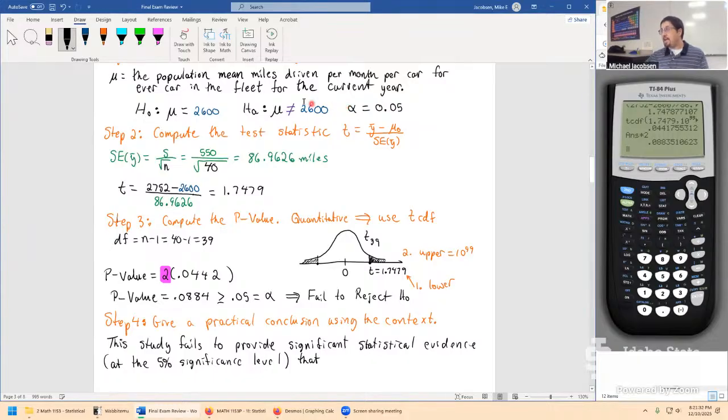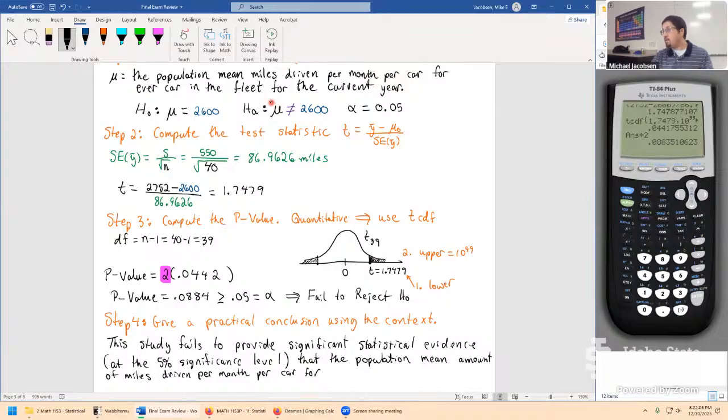Now we just read off what the alternative hypothesis would have said. Starting with mu, look at the definition above. The population mean amount of miles driven per month per car for, I forgot the letter Y up here on the very top.